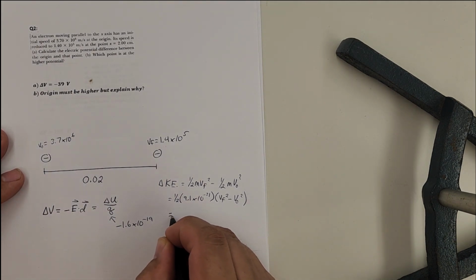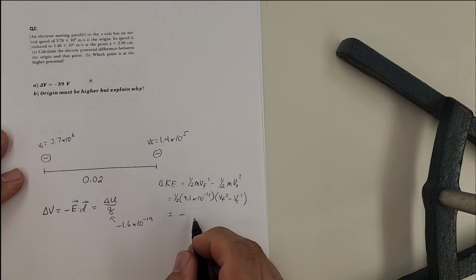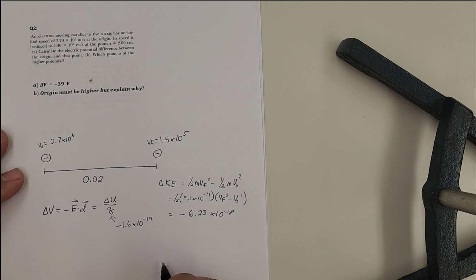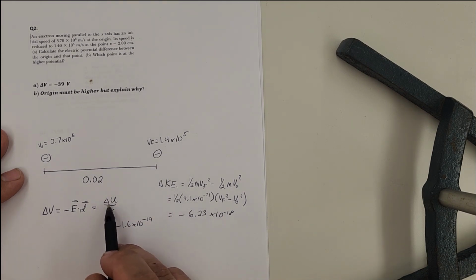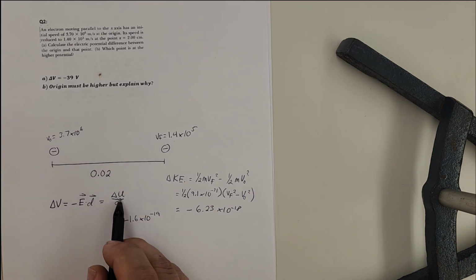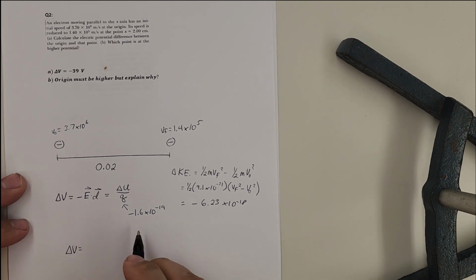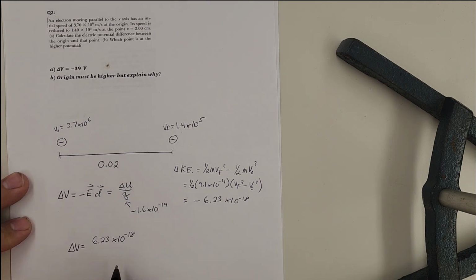If we plug those in and do that out, we should get that the change in kinetic energy is negative, because it lost kinetic energy, 6.23 times 10 to the negative 18. If this is how much kinetic energy was lost, that means that we gained it as potential energy, which means our delta V is equal to the change in potential energy it would have gained, 6.23 times 10 to the negative 18 joules of energy.